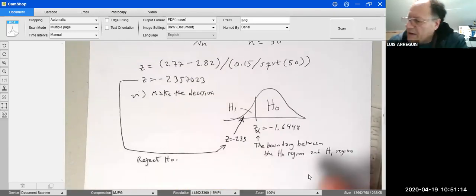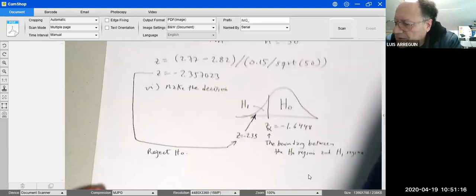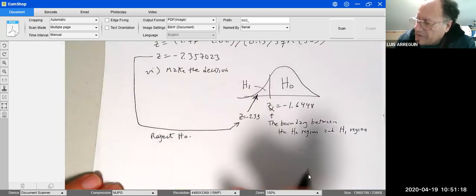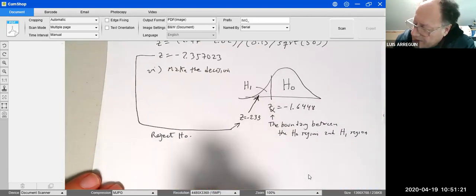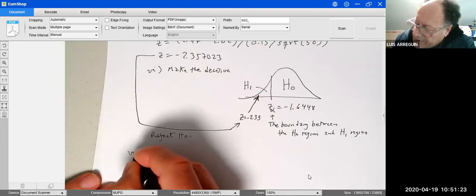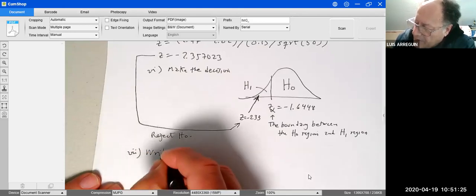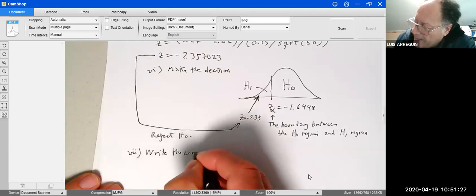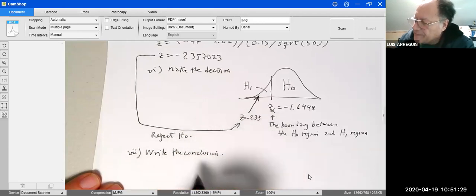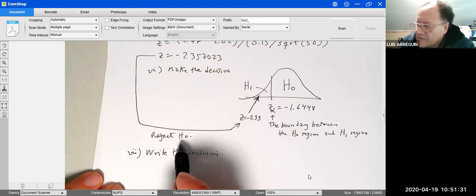So we're going to write now a sentence to say that. This is going to be just a conventional way to write things. So we're going to state the conclusion. So usually we start with writing a conclusion in terms of the null.